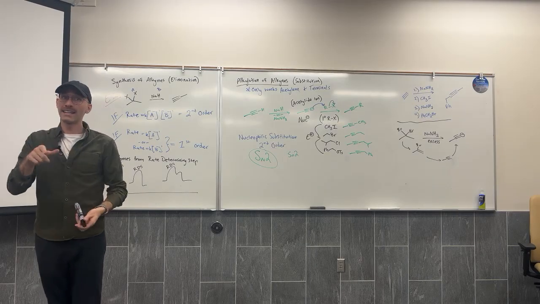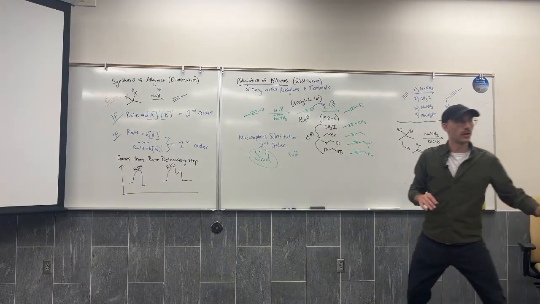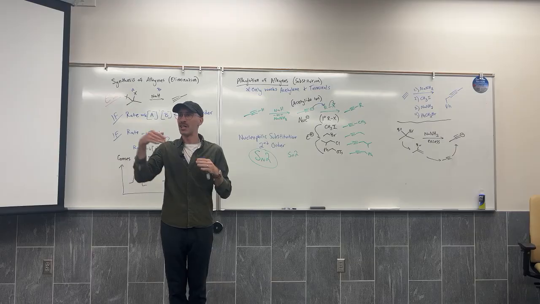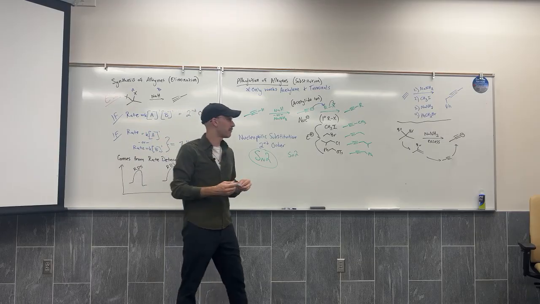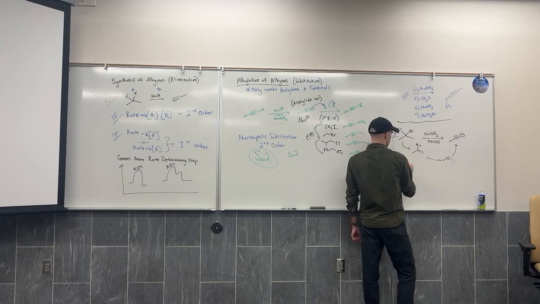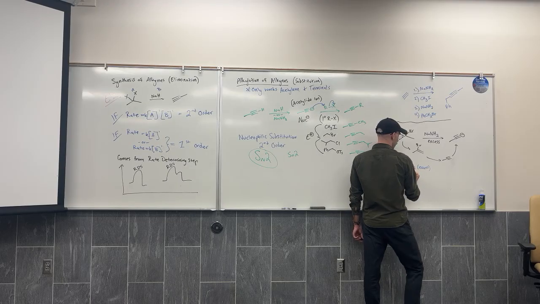Now, you might see this on a problem where you want to form the alkyne, but you don't want to do alkylation, but it's a terminal alkyne and it might be deprotonated. So you'll actually see first an excess of a strong base, followed by an acid workup.